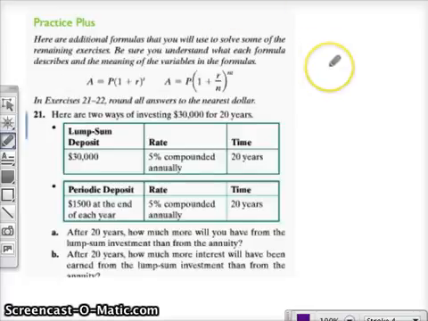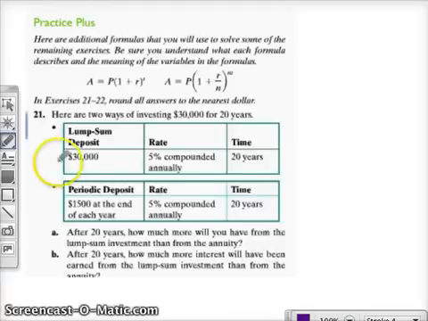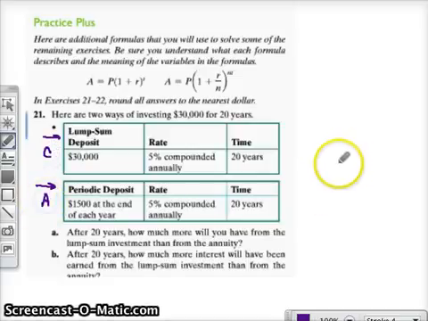Now here's a question. Here are 2 ways of investing $30,000 for 20 years. This is a very, very good question. We're going to call this first one a lump sum deposit, and this one periodic deposit. Remember, this is just regular compound interest, and this is this annuity type of interest.